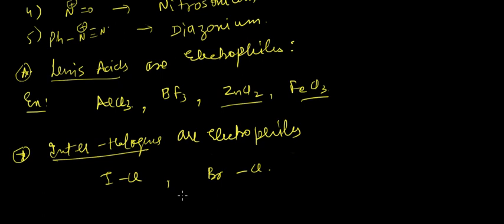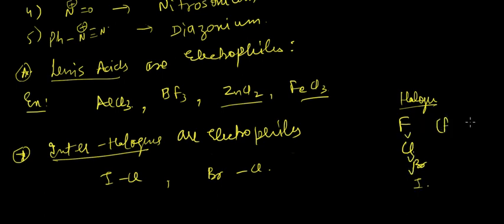Why are they actually electrophiles? Because this is the order of the halogen family, and this is the order of electronegativity.